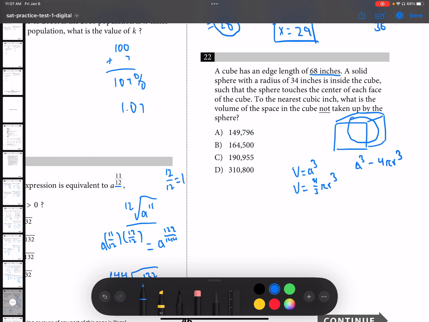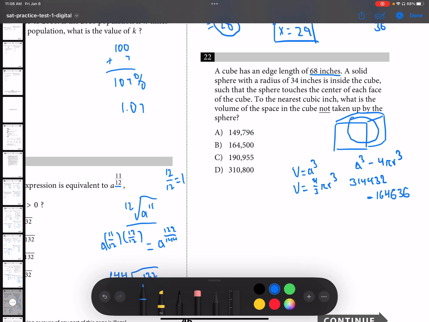Now 68 cubed is 314,432 minus 4/3 pi r cubed. Now the radius of the sphere is 34, so 34 cubed would give us, I don't know the exact value, but once we multiply 4/3 pi with it, we're going to get about 164,636.